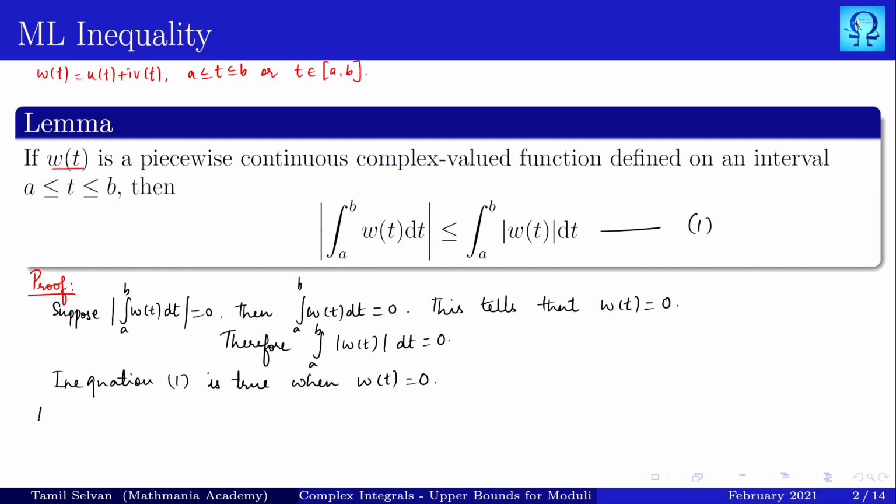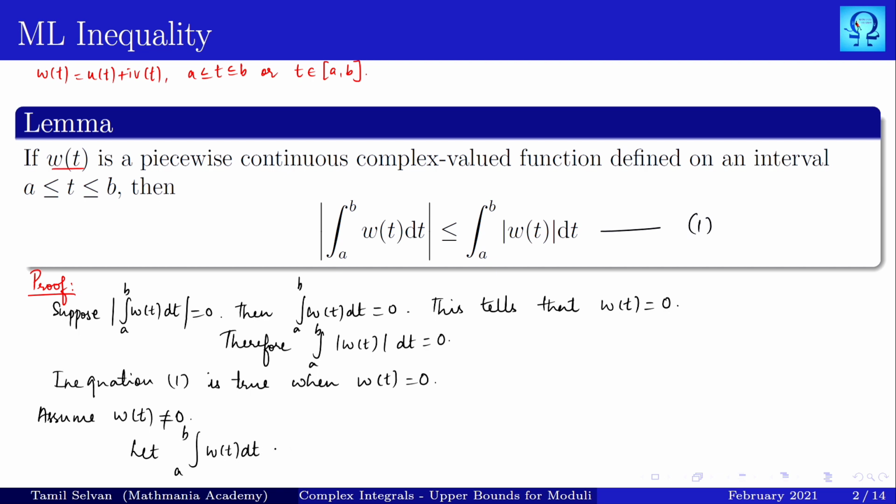Now assume w of t is not equal to 0. Let us write the integral from a to b of w of t dt.